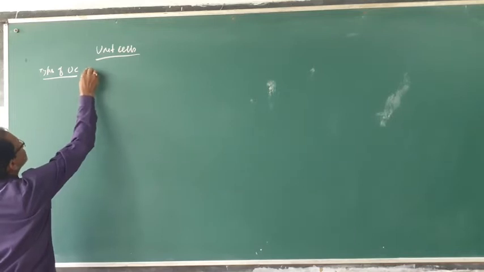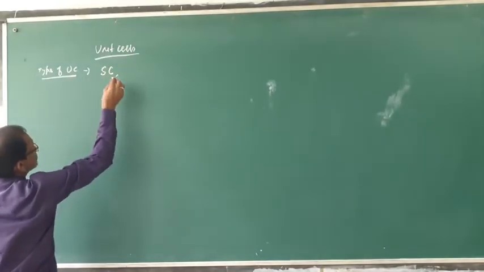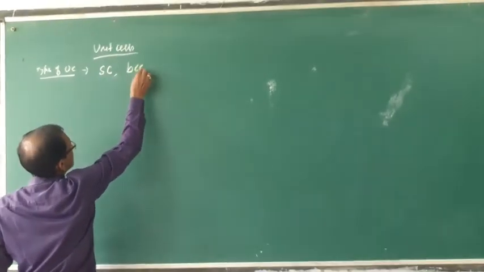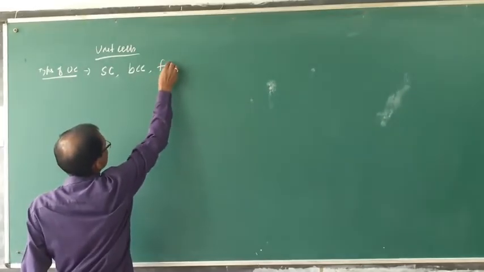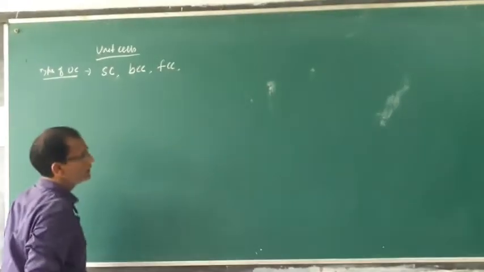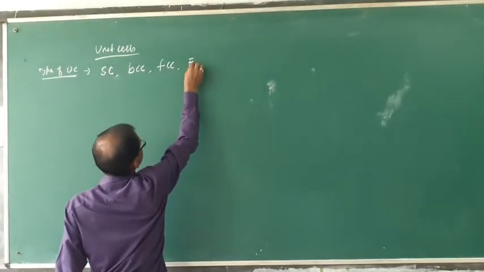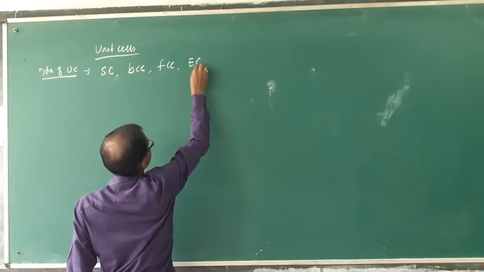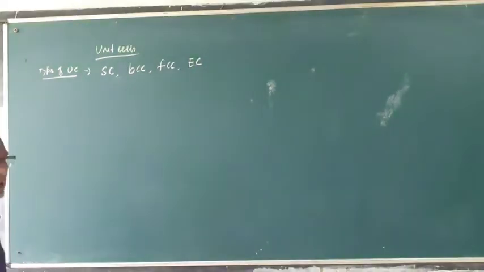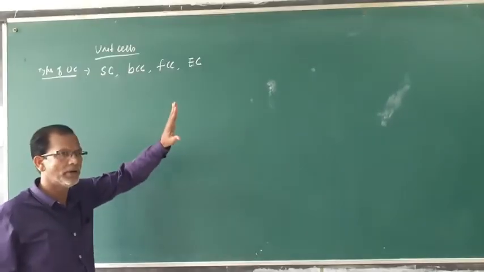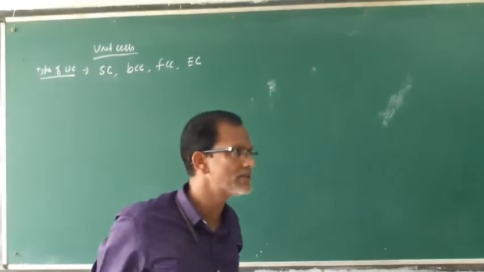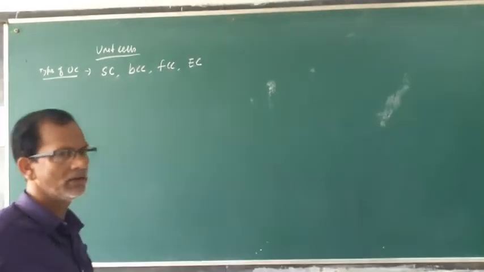Simple cubic, body centered cubic, and face centered cubic. The last one is end centered. Generally 4 types, on the basis of the lattice points in the particular cuboid.